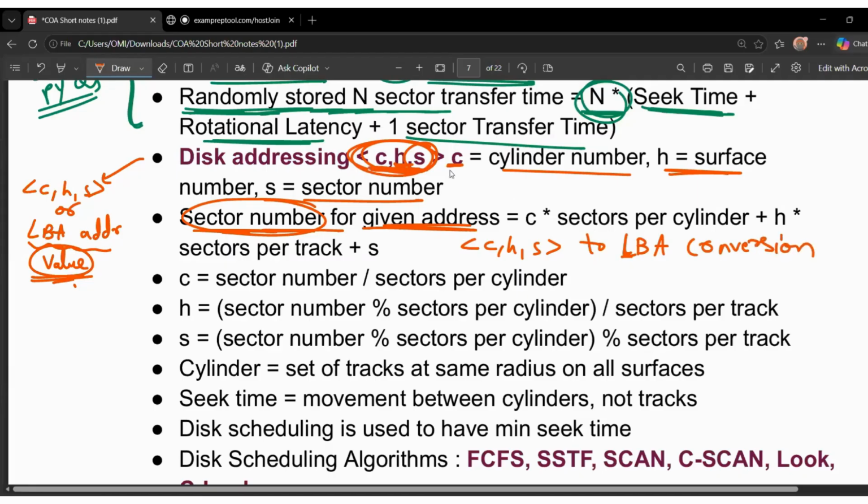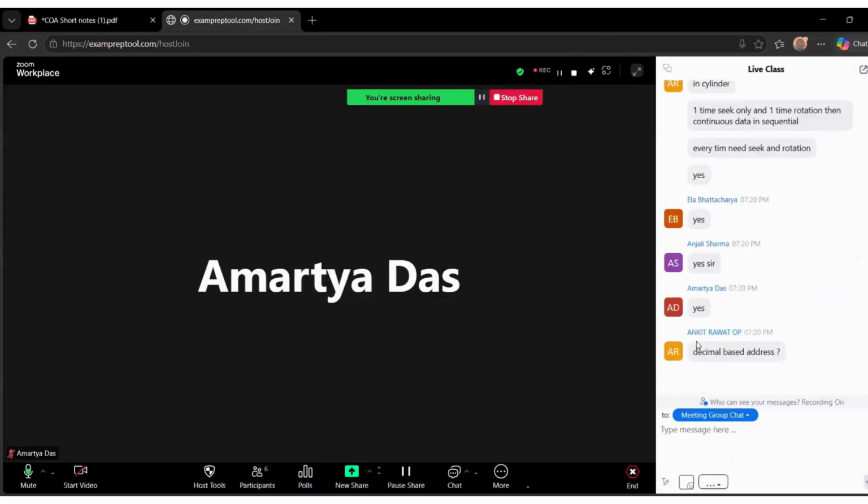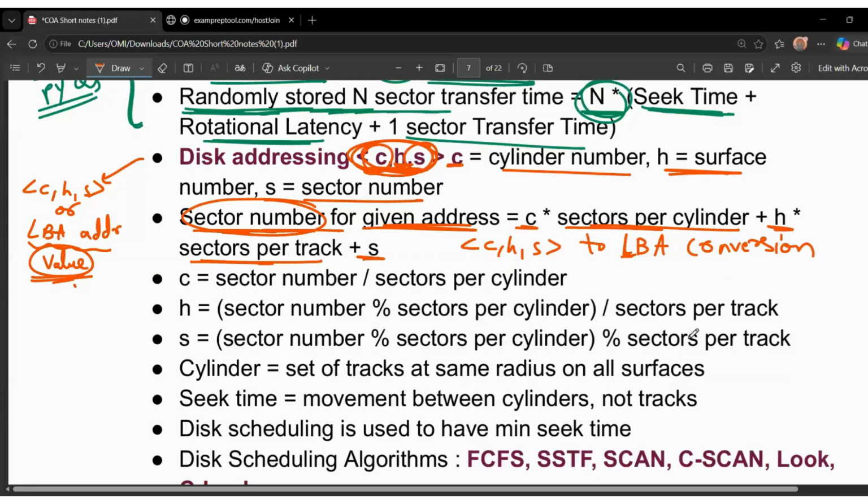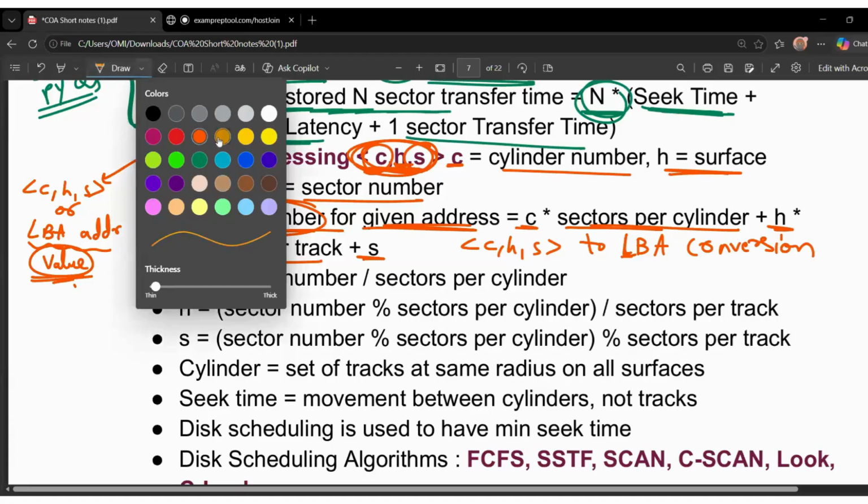It will be C into sectors per cylinder plus H into sectors per track plus S, right? We have seen it. What is this C? How many cylinders have passed, right? Plus H into how many. How many of you recall the zero-based indexing, right?